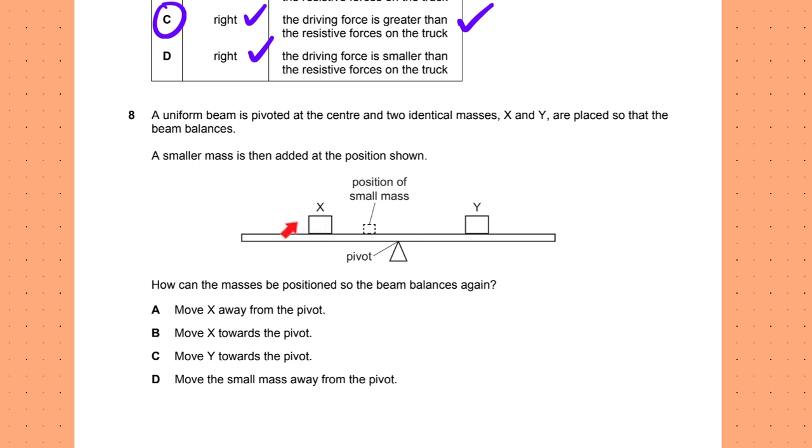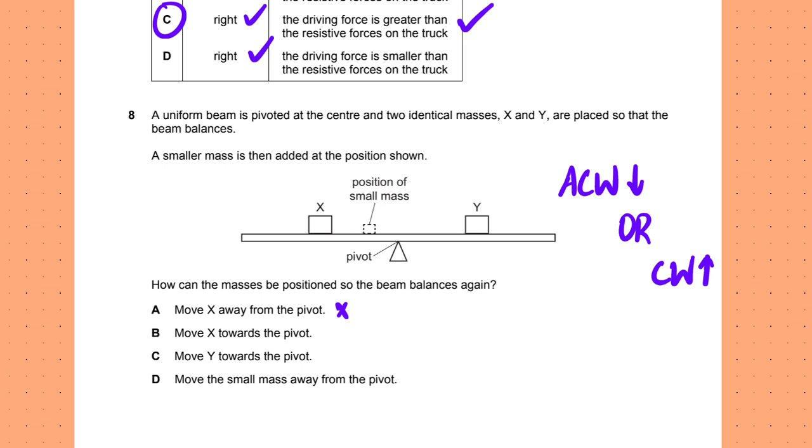Moving x away from the pivot means that the distance is now increased so that the anti-clockwise moment would increase. That's not what I want here, right? I want either the anti-clockwise moment to go down or the clockwise moment to go up, so that balance is achieved again.